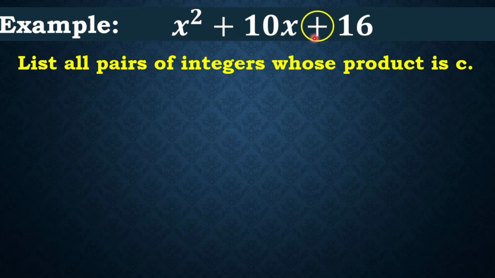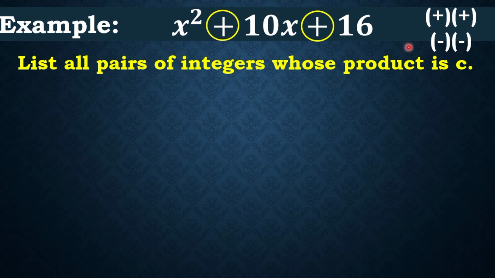Anong sign? So, kung dapat pareho ng sign, ibig sabihin dapat parehong positive or parehong negative ang integers natin. Kung ano ito, since positive to, ibig sabihin, dapat ang integers mo parehong positive.